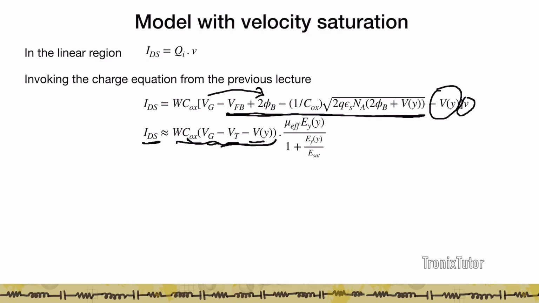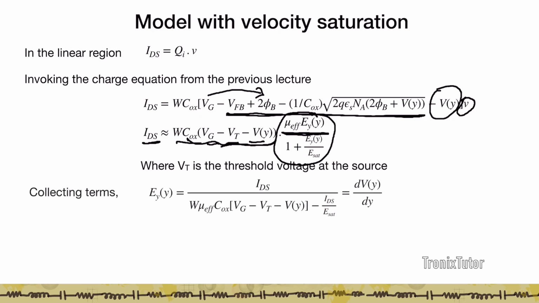Now this velocity of the carriers, previously we had written it as just mu effective times Ey of y. Now we'll invoke the velocity saturation model, and so we write it as mu e divided by 1 plus Ey by E sat. So this is the model in velocity saturation, where Vt is the threshold voltage at the source. So you collect the terms and express E of y in terms of IDS and V of y, and E of y is nothing but the first derivative of voltage.